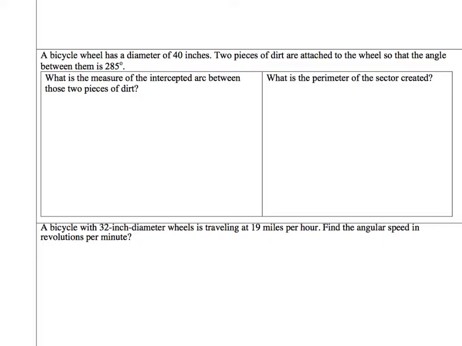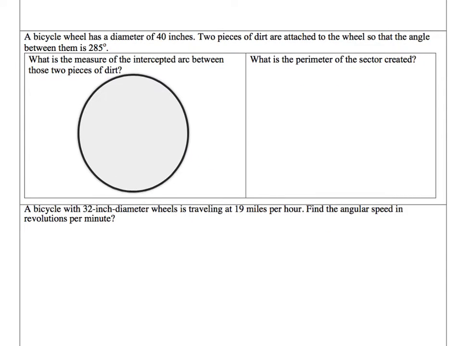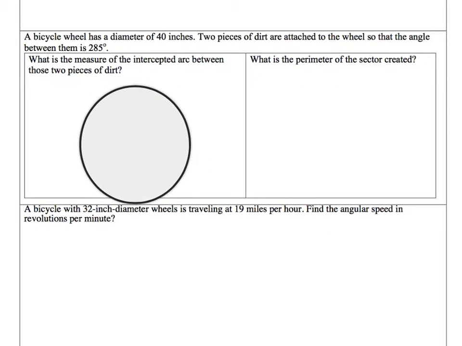And we've got two pieces of dirt that are on this circle. So I'm going to draw a piece of dirt here and a piece of dirt, let's say down here. We're told they're 285 degrees apart. So I'll draw one right here and I'll draw the other one right here so that this looks like my 285 degrees.